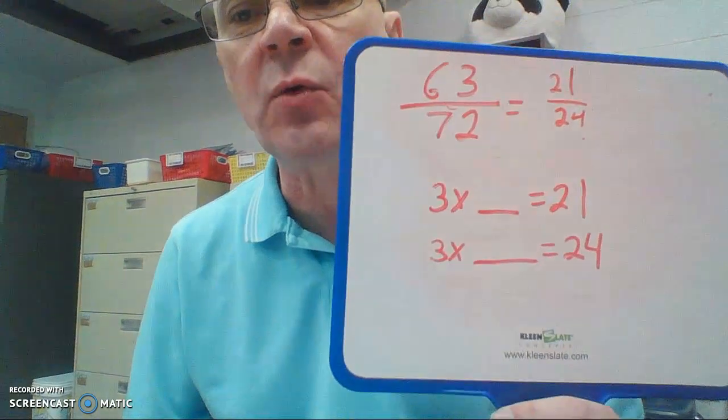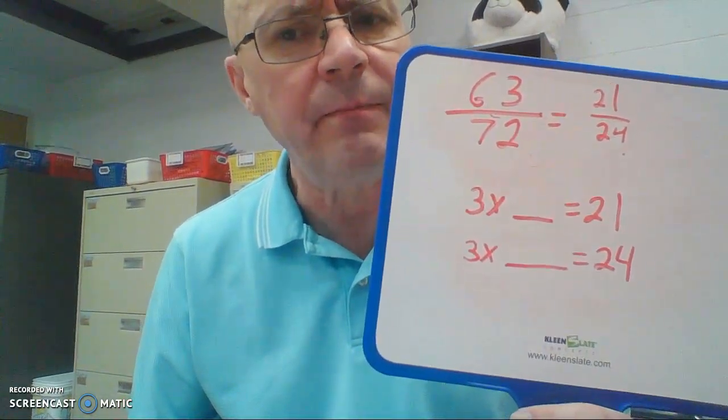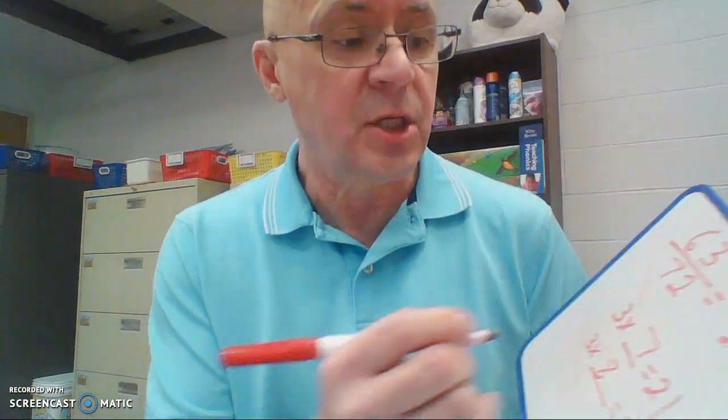And that's hard to understand, but once you work with it enough. Now, I've got to answer these questions. 3 times what equals 21? 3 times 7. And 3 times what equals 24? 3 times 8, right? So my answer is 7/8.